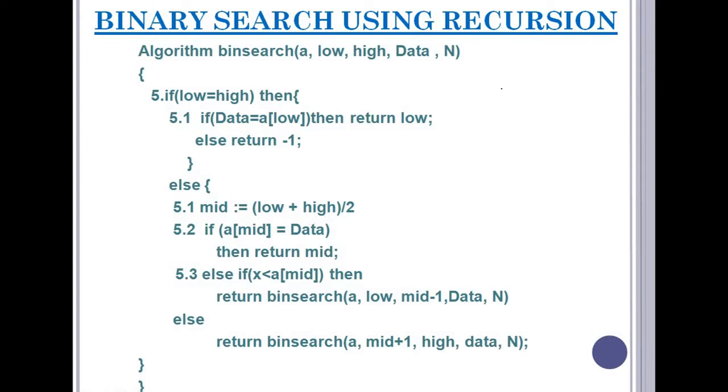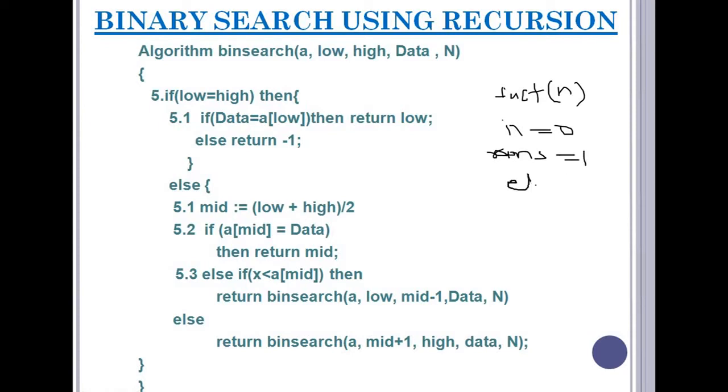So for example, I have the factorial function. This is my fact function which is taking one argument called n. Whenever my n is equal to 0, I am returning 1, or my answer is 1.